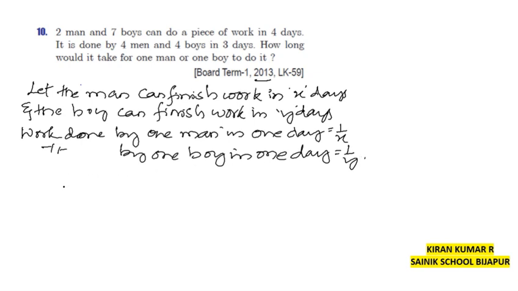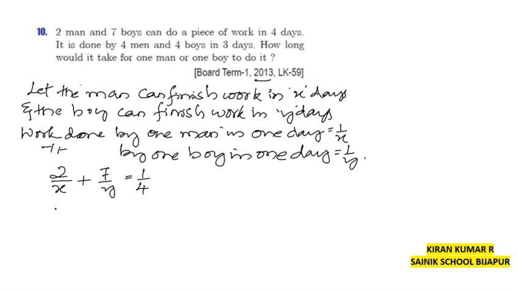According to the condition, 2 men and 7 boys finished the piece of work in 4 days. Therefore, the equation for the first condition will be 2 upon X because 2 men, 7 upon Y because 7 boys, and they are finishing the work in 4 days, so the time taken would be 1 by 4.